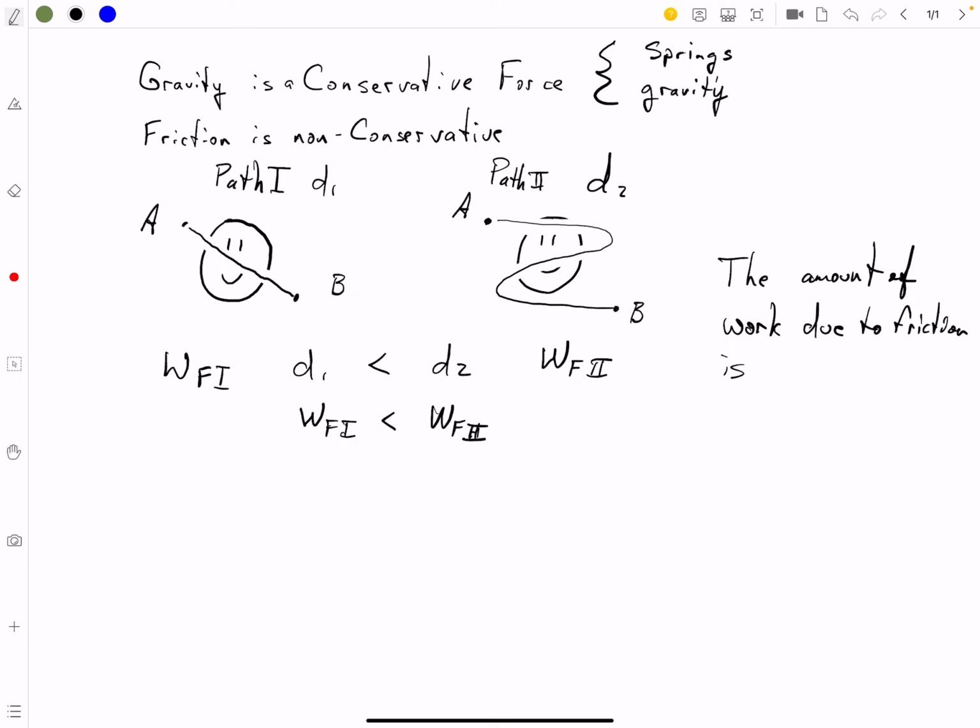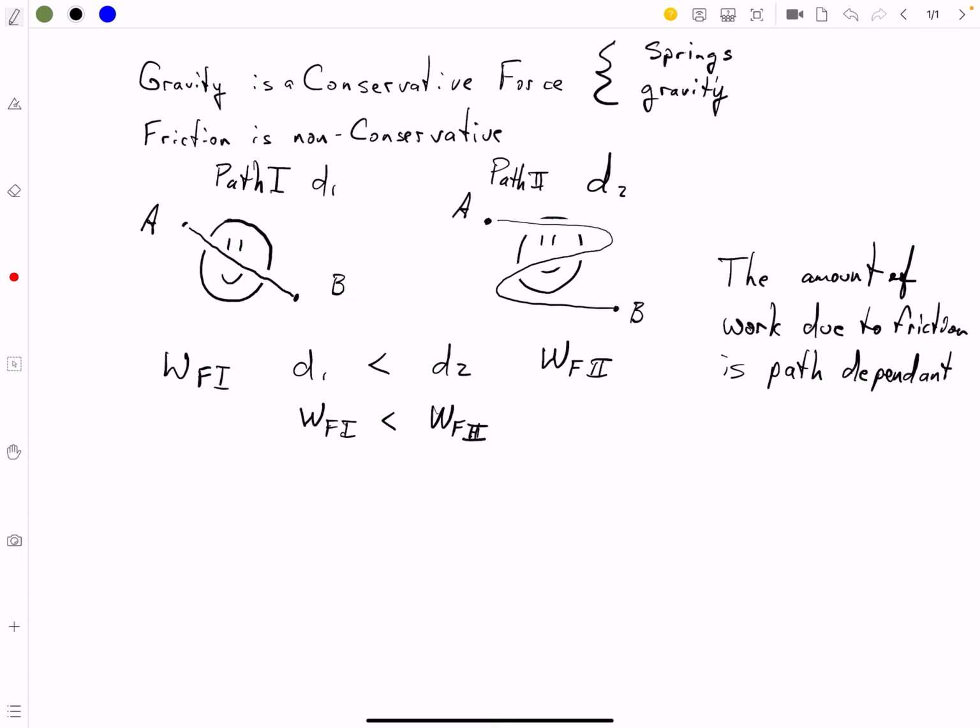What am I talking about? The amount of work due to friction is path dependent. I can't remember if it's spelled with an E or an A. Okay, path dependent. For gravity, it is not path dependent.